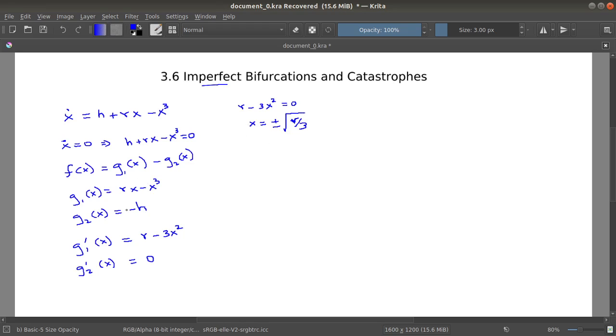Now let's impose this condition when the points are intersecting, which means f of x is 0. And if I impose that condition, what do I get?